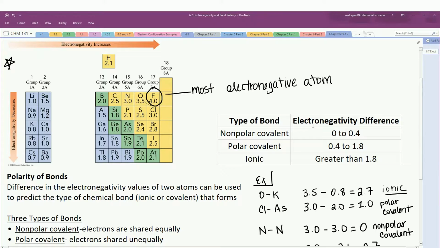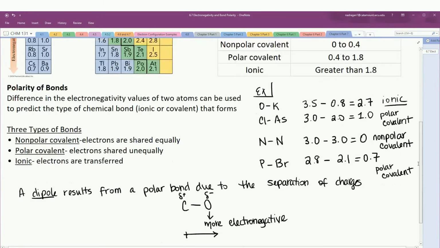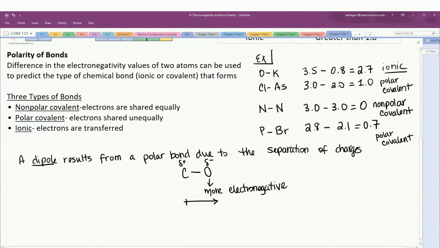If you subtract between two different atoms, you can find the electronegativity difference, and comparing it to this table, you can figure out what type of bond it is. You can also look at the electronegativity to predict the separation of charges. Whichever atom is more electronegative is going to have more of a negative charge compared to the other atom in the molecule.